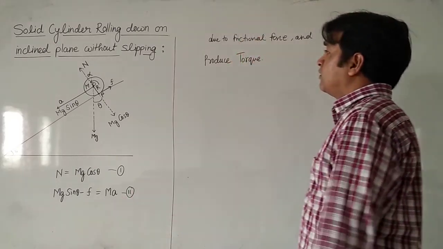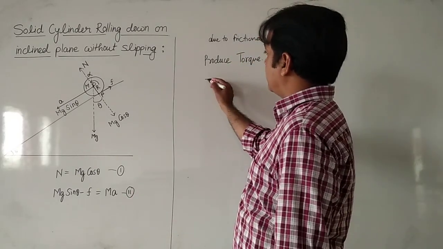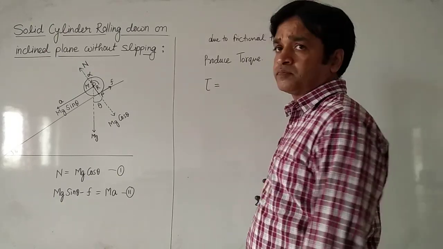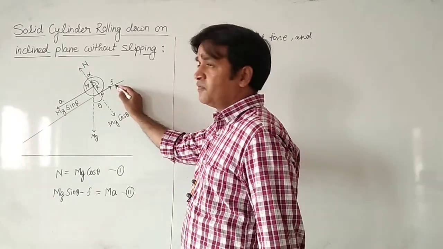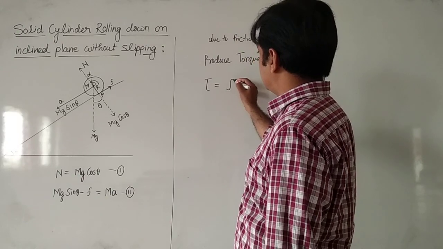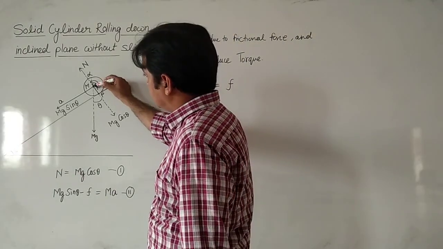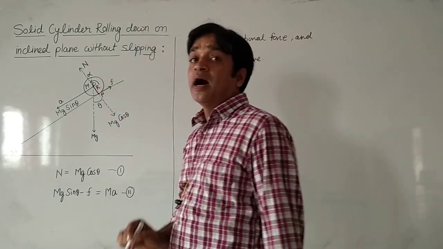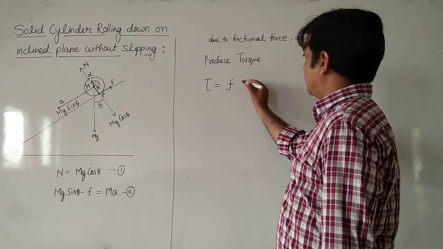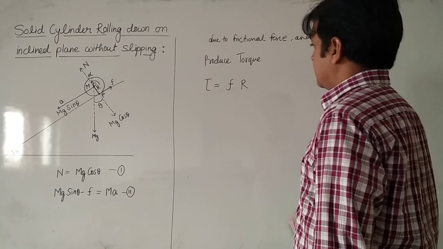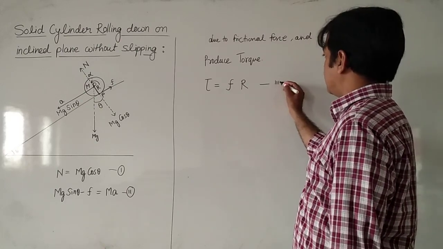So the torque formula is tau equals this friction force F into the arm R, so F into R. Equation number 3.